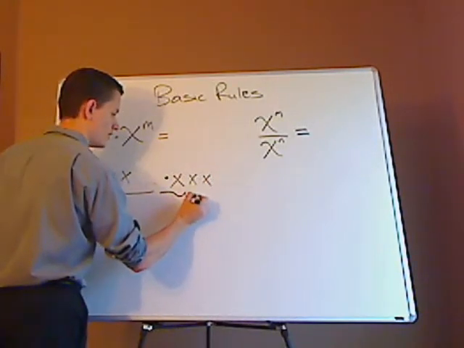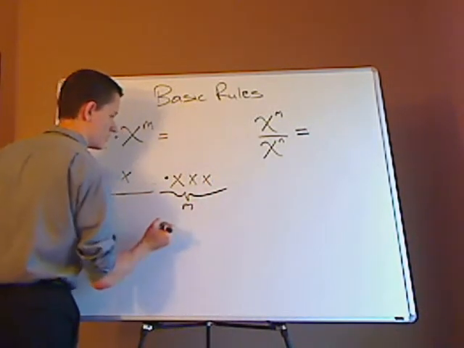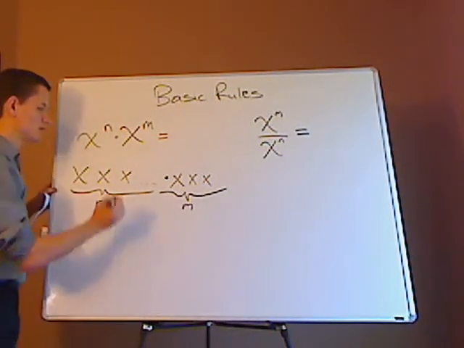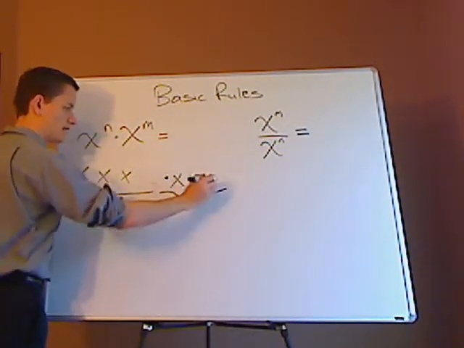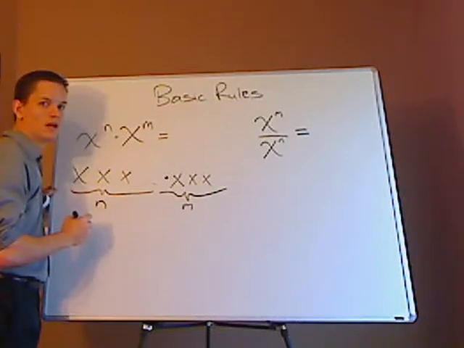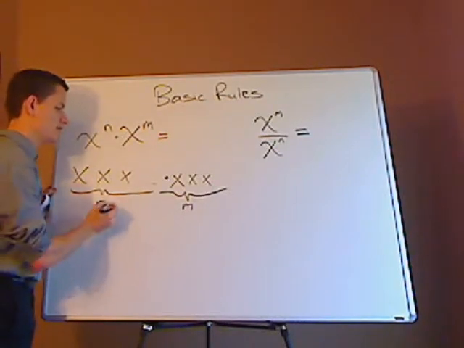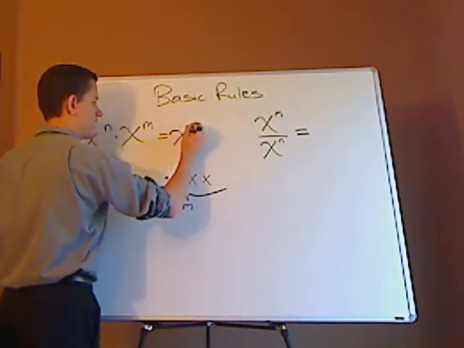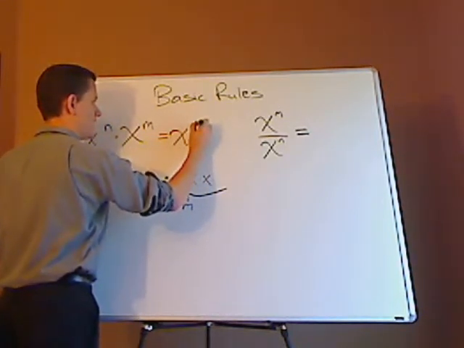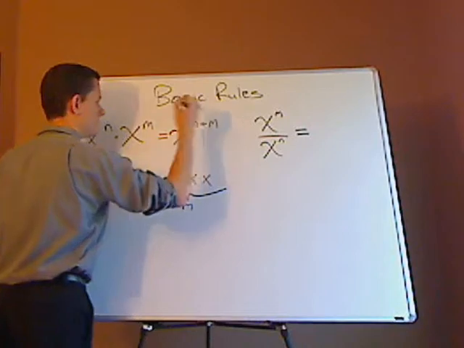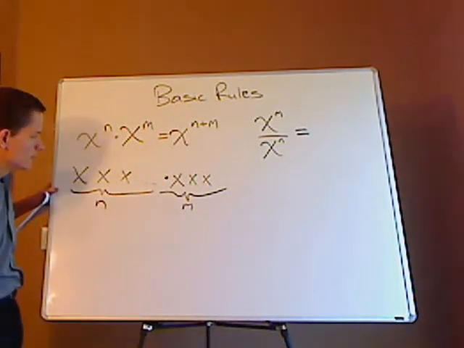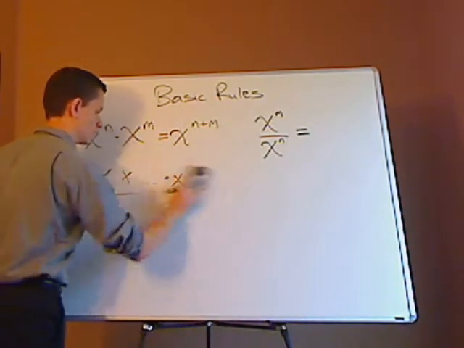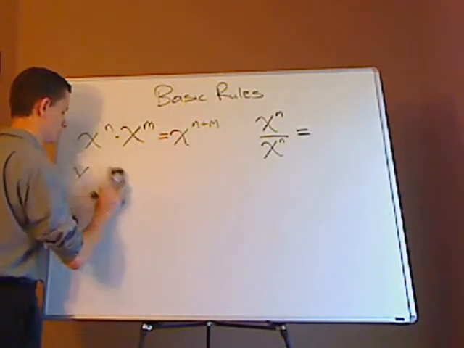But there's an m number of x's there. So how many x's do you have here? Yes, you have n plus m. So that gives you x raised to the n plus m. That's the multiplicative rule when applied to exponents.